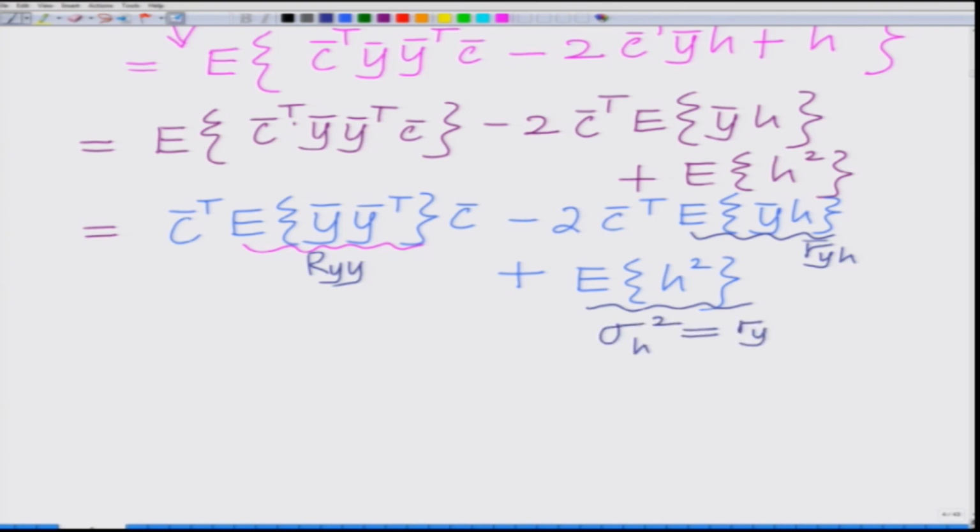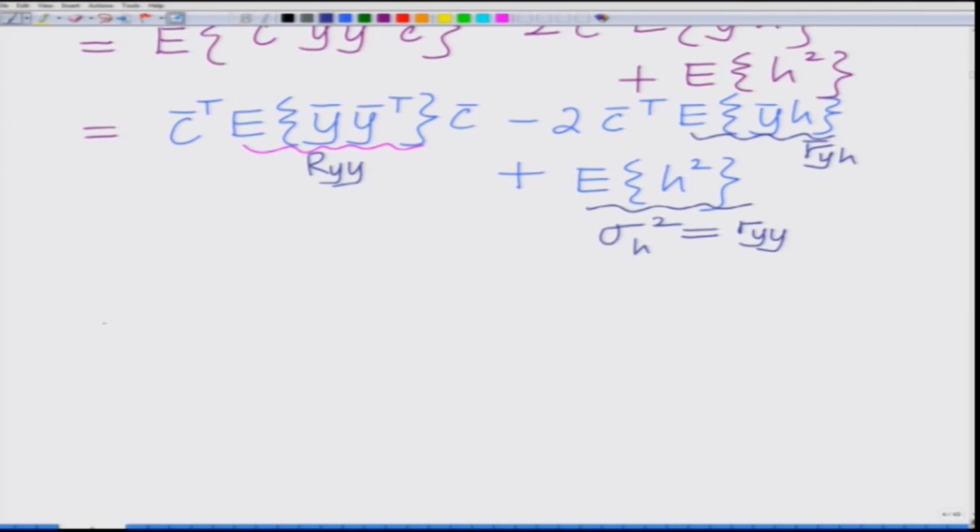Therefore, net you can simplify this as C bar transpose R y C bar minus twice C bar transpose r y H plus sigma H square.